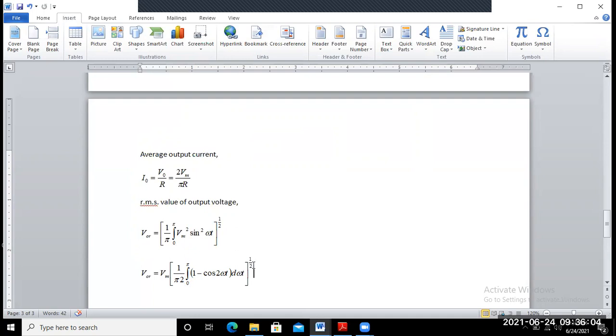So the RMS output voltage is V maximum by root 2. Pi is cancelled. So V maximum by root 2 is the RMS output voltage.